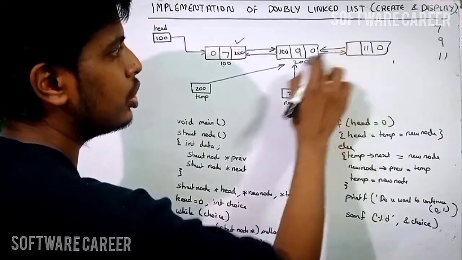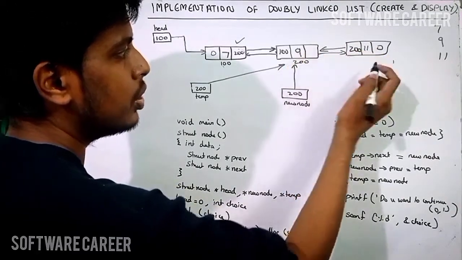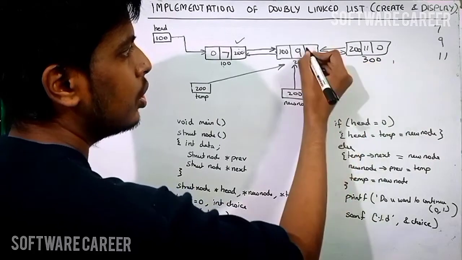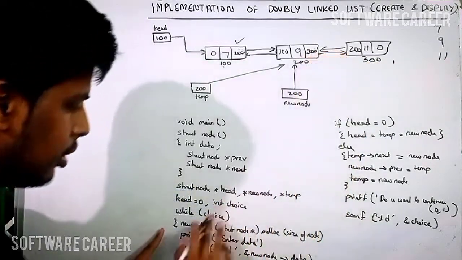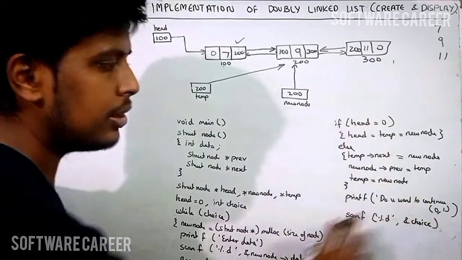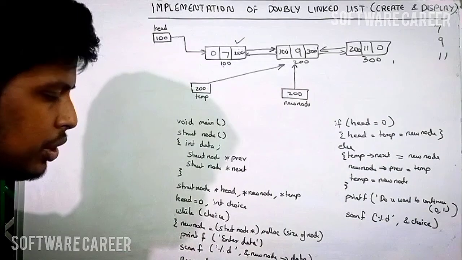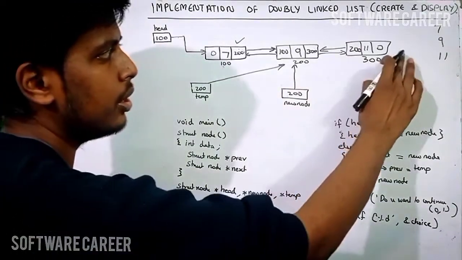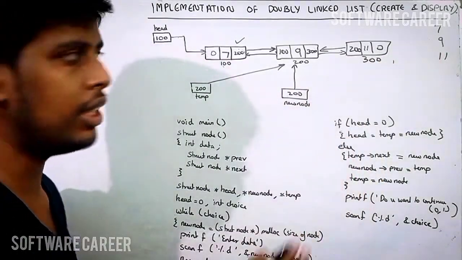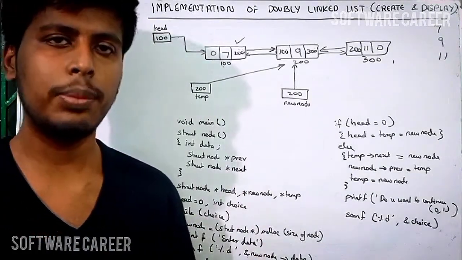This stores the address of the previous node, 200. Then this stores the address of this node. Let's say the address is 300, so it stores here 300. This step will follow. Now suppose he enters 0, that means it does not enter into this condition, that is, it does not create a new node. This is how you should create a new node in a doubly linked list.